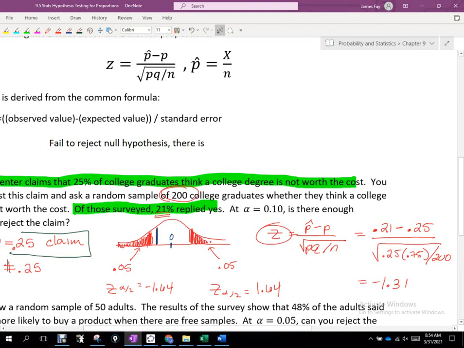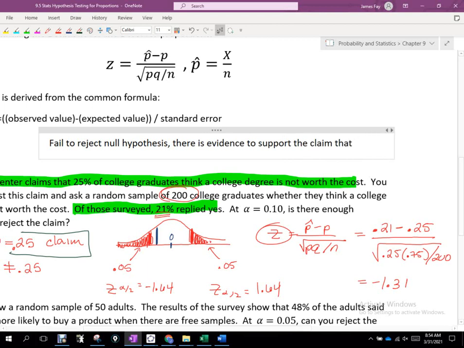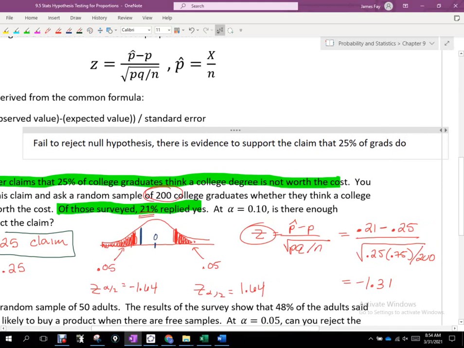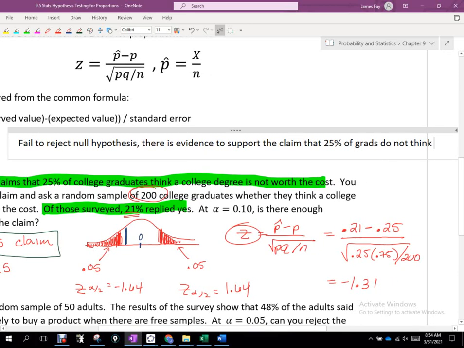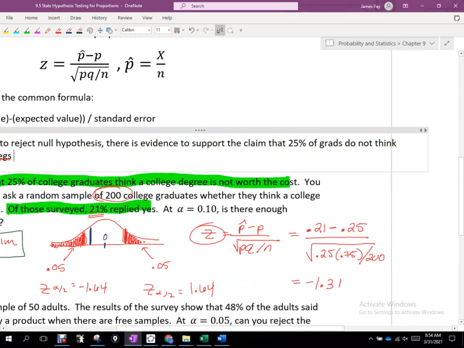There is then evidence to support the claim, because the null hypothesis is the claim, that 25% of grads do not think college is worth the cost.